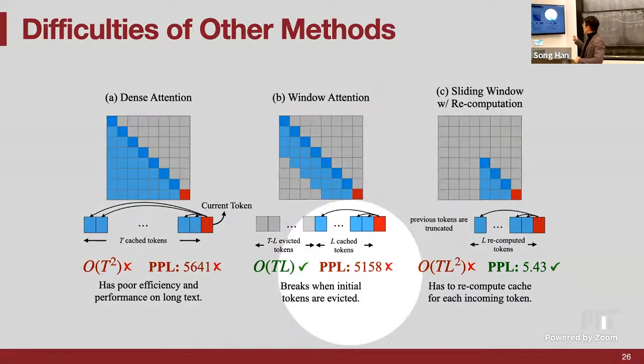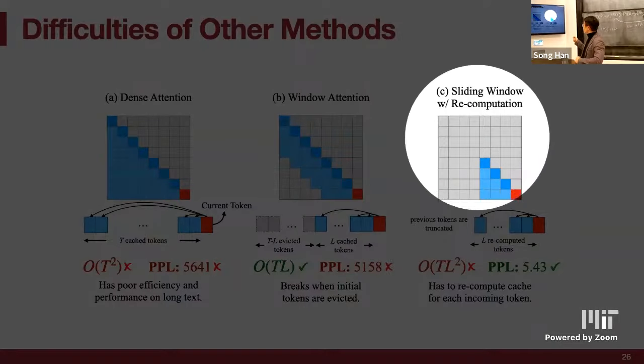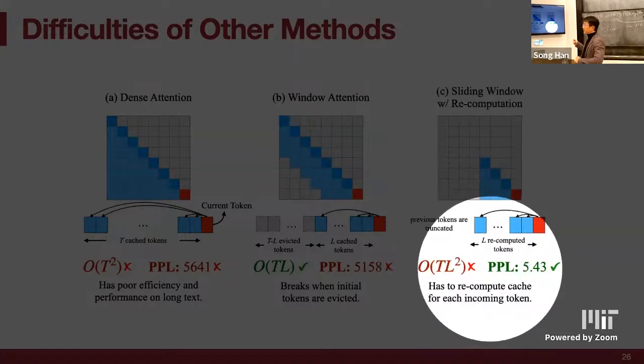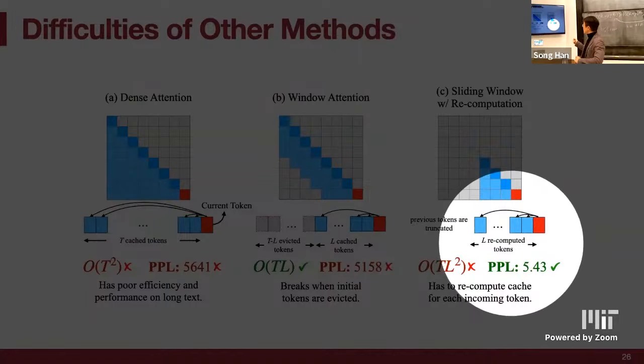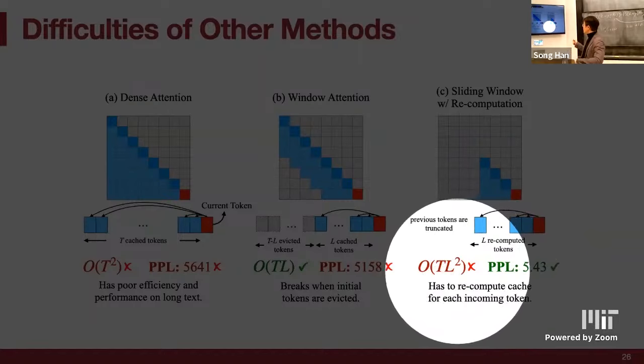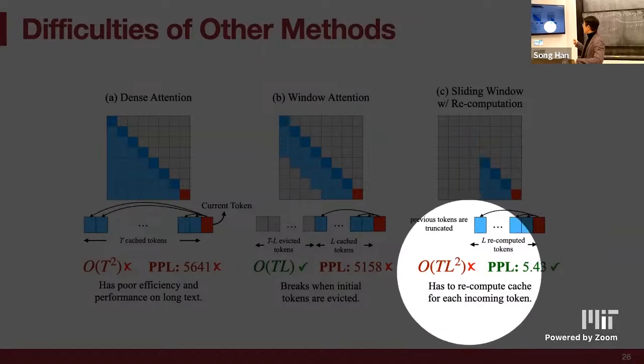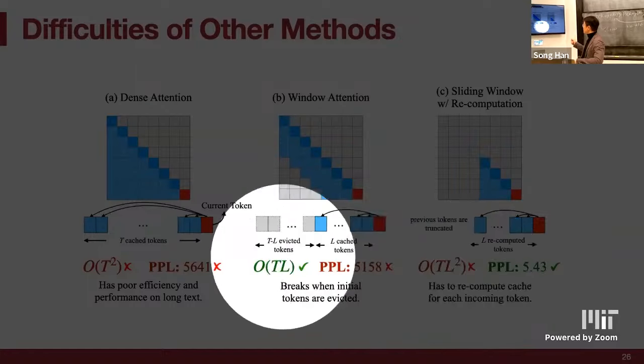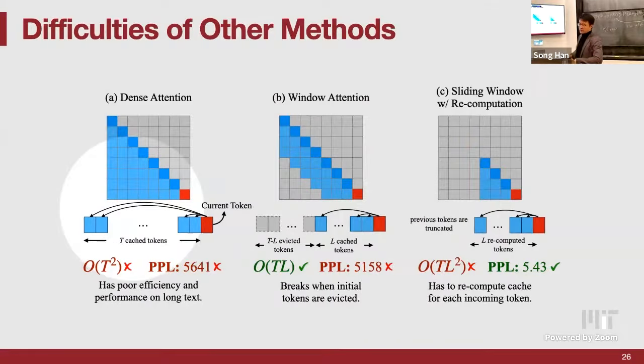We can also use a sliding window with recomputation. The perplexity stays pretty good since we just get rid of the KV cache and recompute every time, but the compute is O(TL squared). L is the length of the recomputed tokens, and it's quite unaffordable. T is the total number of cached tokens.